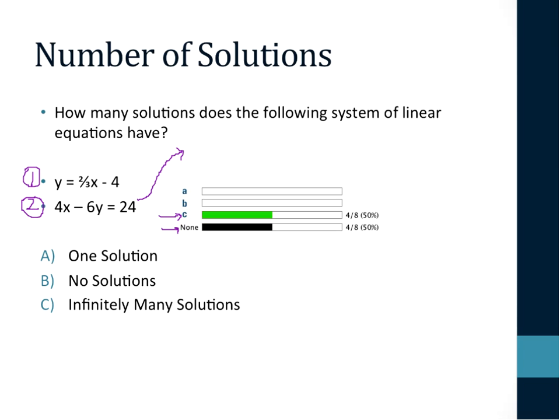So I also like to solve things in y equals mx plus b because that slope-intercept form is very nice for me to work with. So if I wanted to solve the second equation for y equals mx plus b, I would start by subtracting 4x on both sides. And after I've subtracted that 4x on both sides, I need to divide both sides by -6.